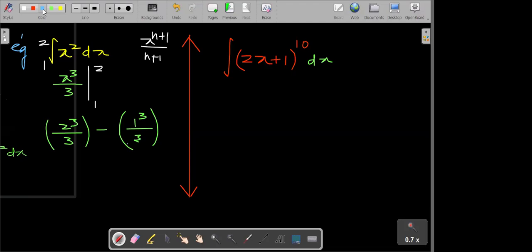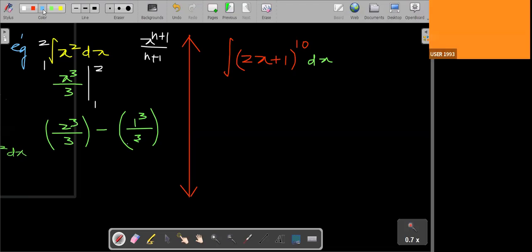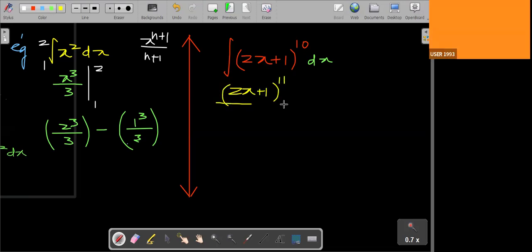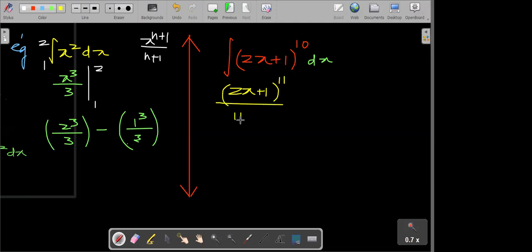Can't you consider the whole 2x plus 1 as x? Then we get 2x plus 1 to the power 11, divided by 11 plus 1... no, divided by 11.